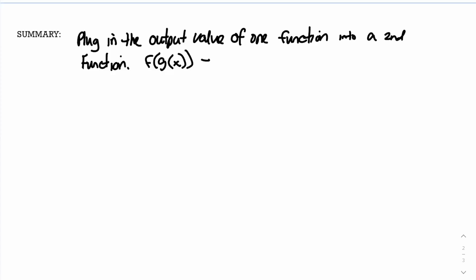So this means we are plugging in g of x into f of x.